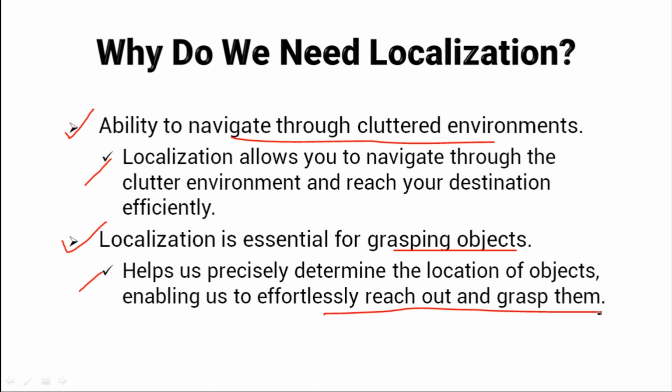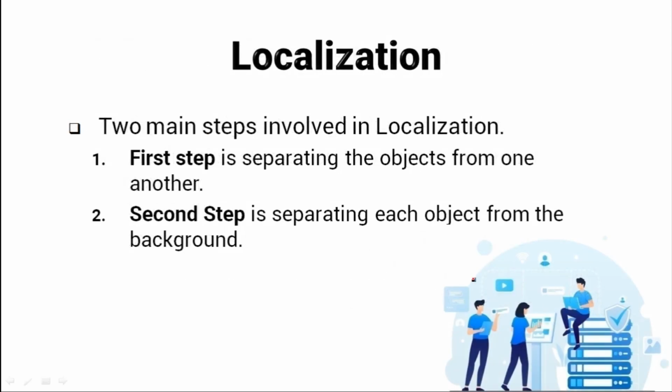So what is localization? Localization refers to the process of accurately determining the location of objects in the external environment. At first, it is achieved by separating the objects from one another and then separating each from the background. So to achieve localization, there are two main steps involved. The first step is separating the objects from one another, and the second step is separating each object from the background.